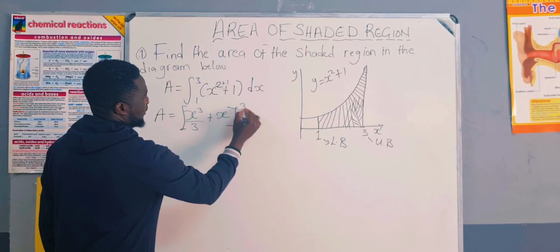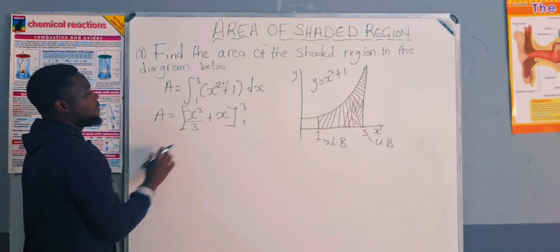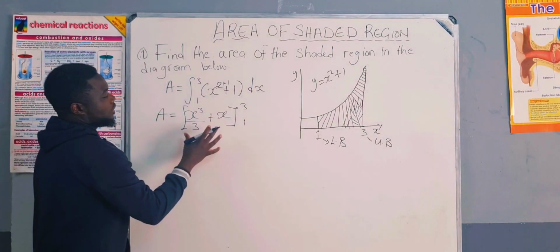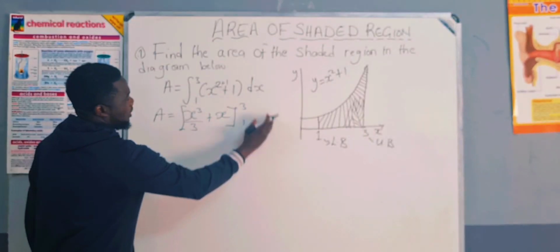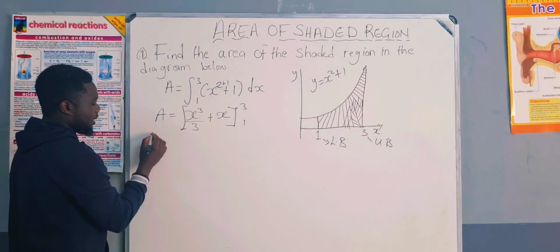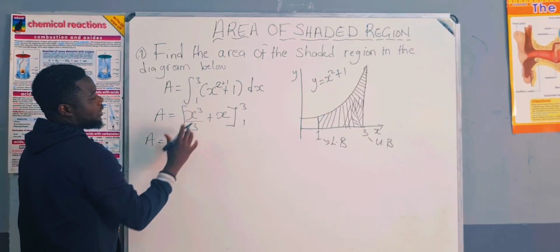You put the upper bound and the lower bound, and now you substitute in the values. Let's start with the upper bound first.